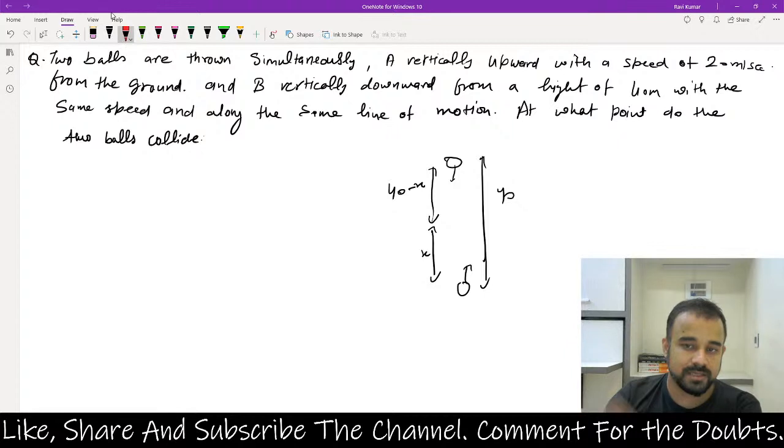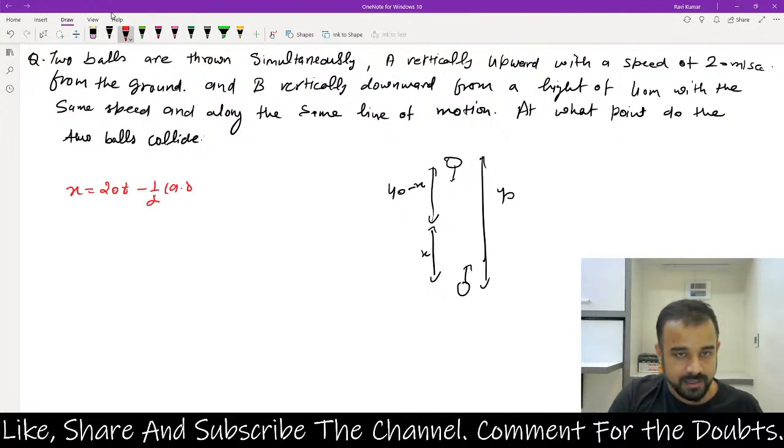Now let's try to understand this question. So we know that x will be equal to 20t minus half g t square, so we can say 20t minus 4.9 t square.